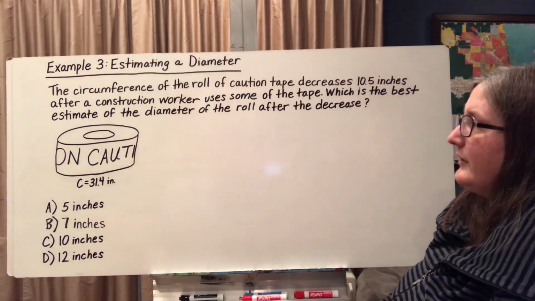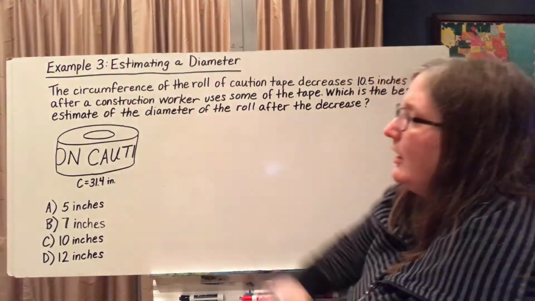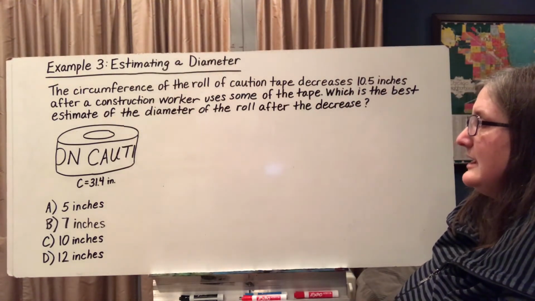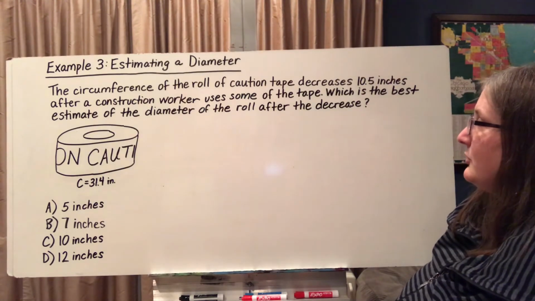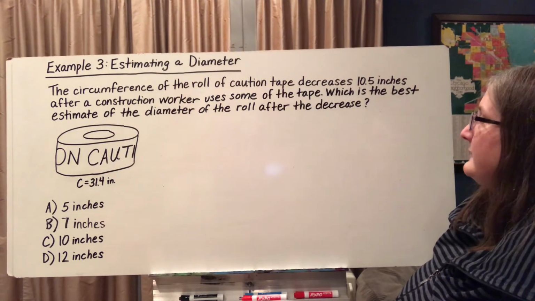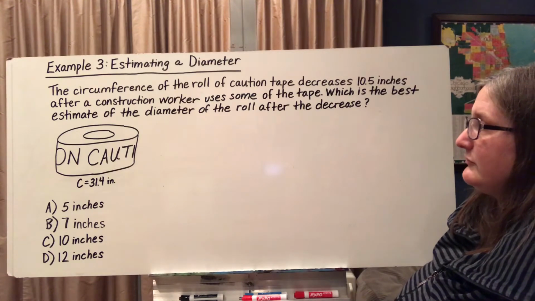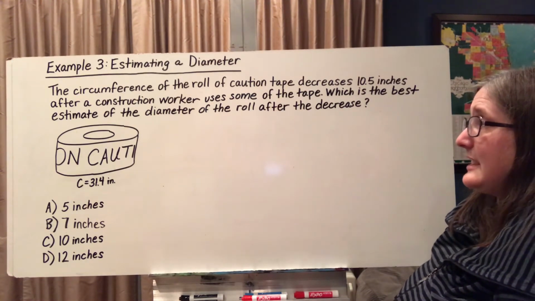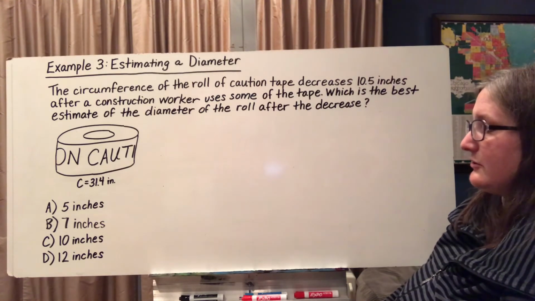So here we have a roll of caution tape with a circumference of 31.4 inches. It's been used by some construction workers, and the tape has decreased by 10.5 inches in circumference. We want to know what is the best estimate of the diameter of the roll after the decrease.